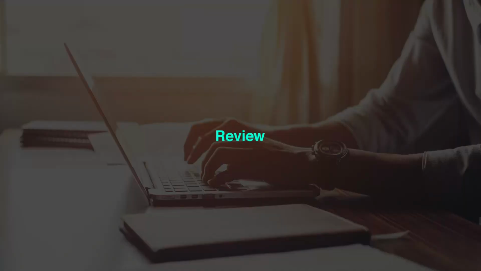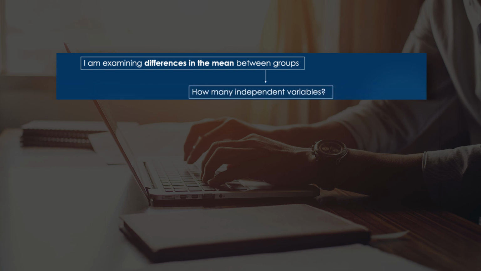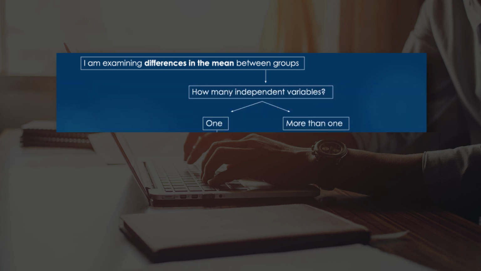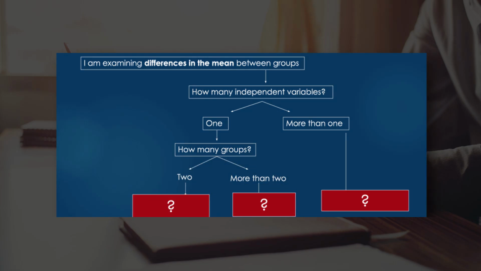If we look at the review, we examine the difference in the mean between groups, and how many independent variables and how many dependent variables there are. In this image, you will find that independent variables are one or more than one. If it is one, how many groups are there; it could be 2 or more than 2.